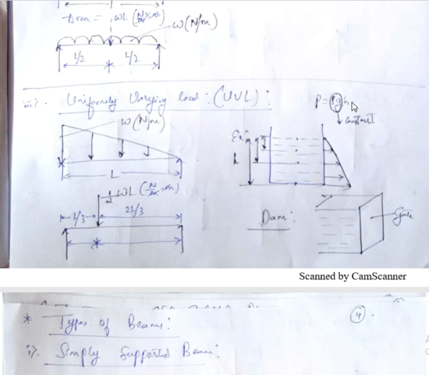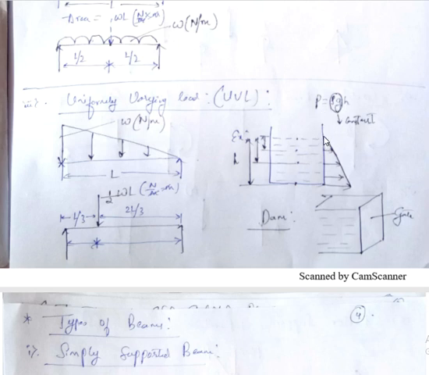H is height. If I consider a point at the top of the surface, the height from the reference, the top of water, to this point is 0. For any point at the surface, the height will be 0. So if height is 0, then pressure will become 0.